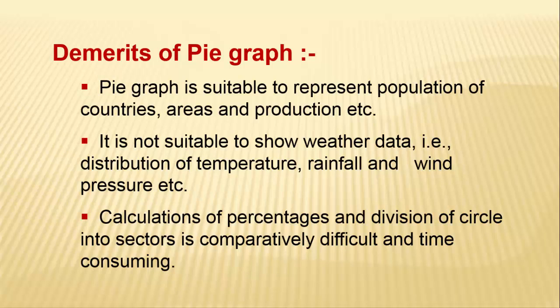Calculations of percentages and division of circles into sectors is comparatively difficult and time consuming, because there is a need of a formula to divide the circle into different portions.